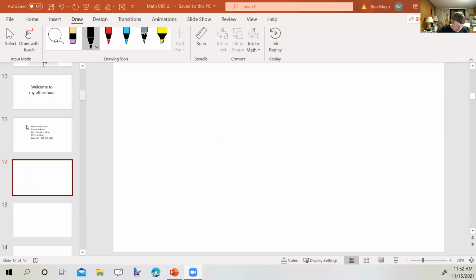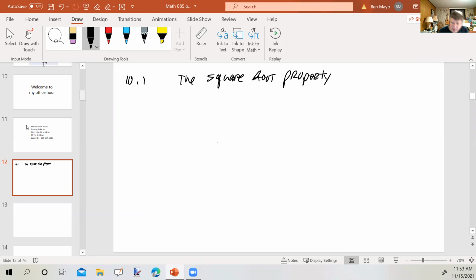So in this chapter, section 10.1, we have the square root property. The idea was that you took the square root of both sides of an equation, but before you did that, you wanted to have a perfect square containing a variable on one side of the equation and a constant on the other.